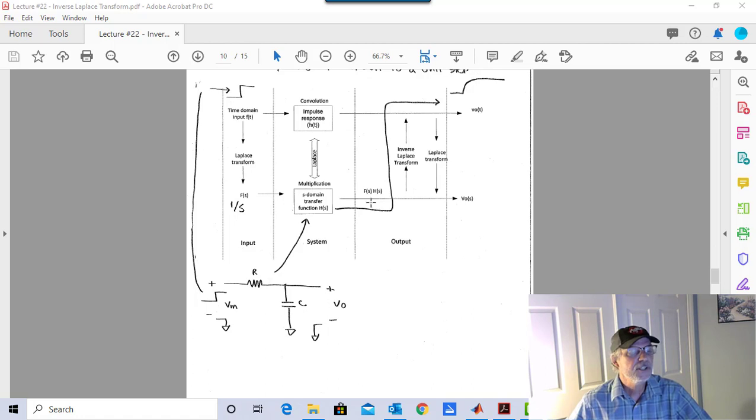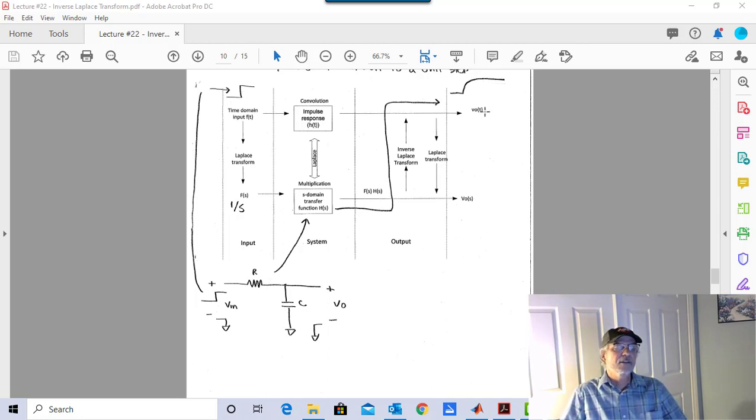And so sitting over here, we have the s domain representation of the output. So now what we've got to do is just do the inverse Laplace transform, and we'll get the time domain output.